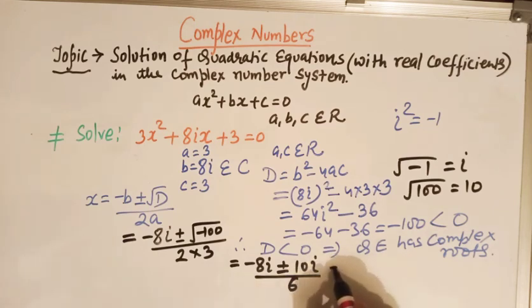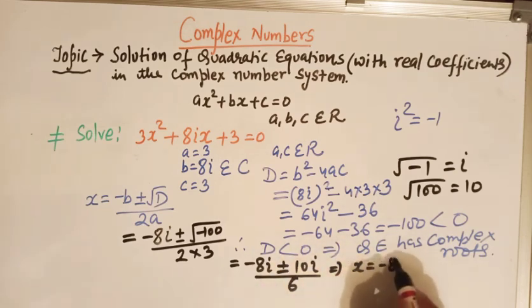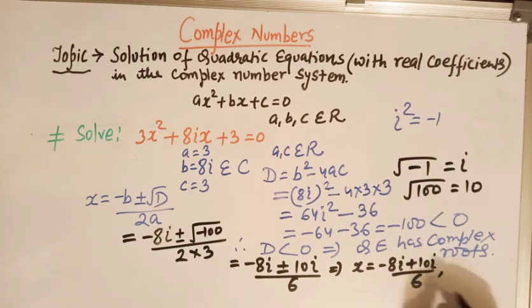And if we take the plus sign, that is the positive sign, the first root is minus 8i plus 10i divided by 6, and the second root is minus 8i minus 10i divided by 6.